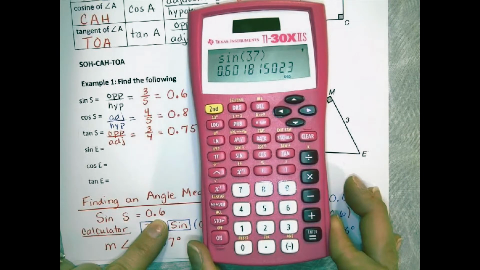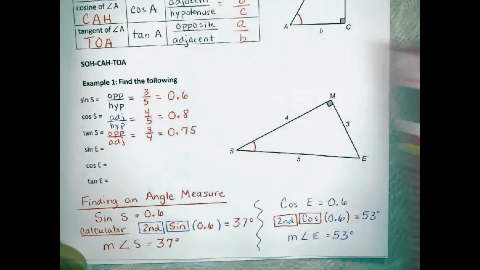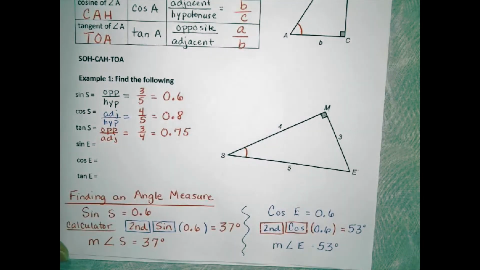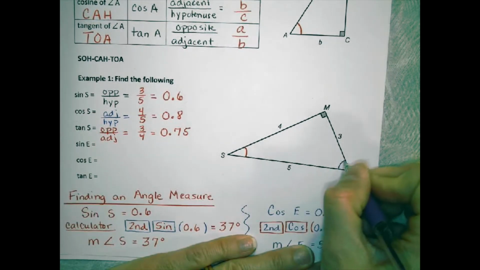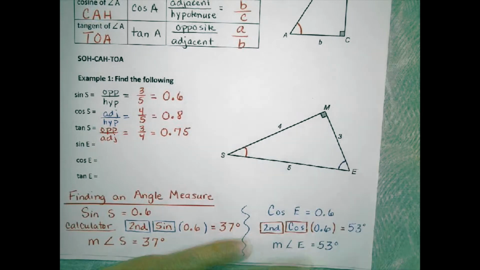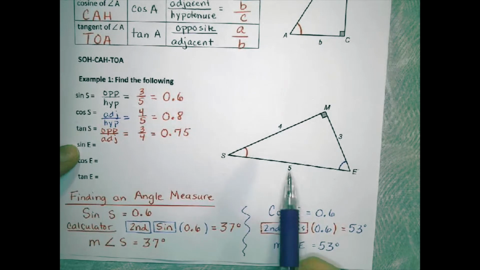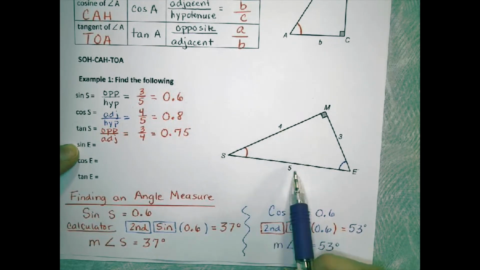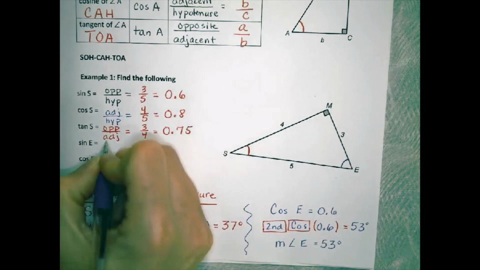If I want to examine angle E over here, I can use the same relationships to find out the measure of angle E. In this case, my sine would be the opposite over the hypotenuse, which would be 4/5. So 4 divided by 5 is 0.8.